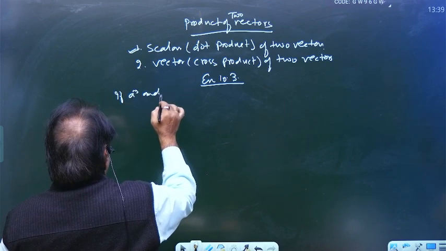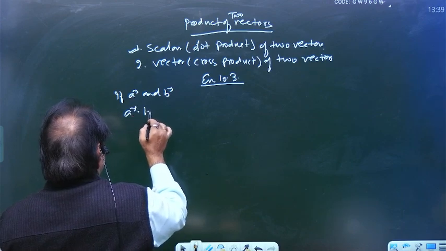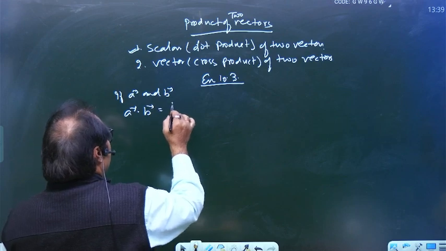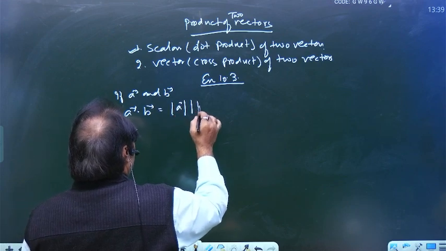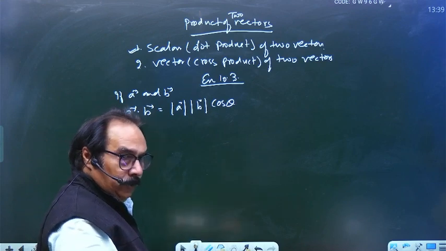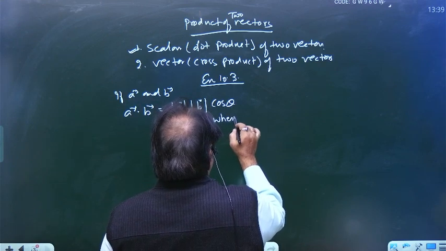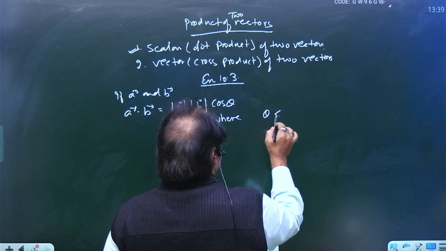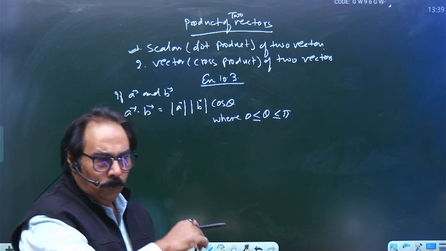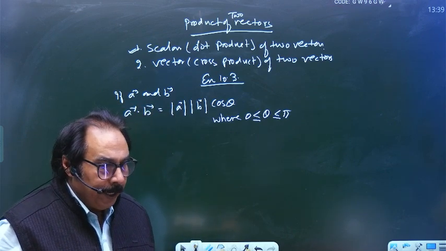then it is written as A dot B, and A dot B is equal to magnitude of A into magnitude of B into cos theta, where theta, this angle, lies between 0 and pi.